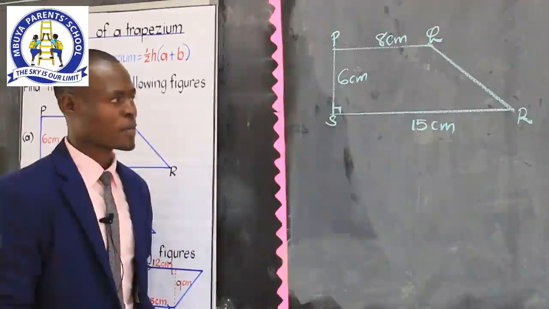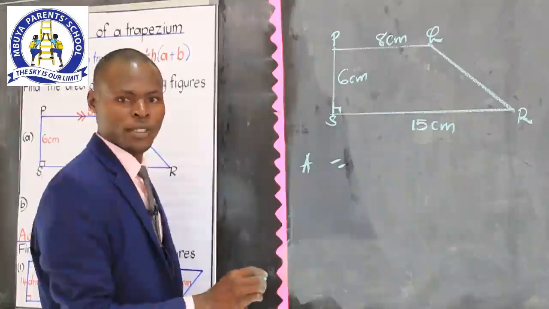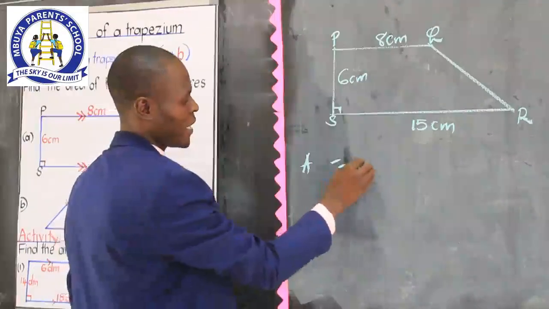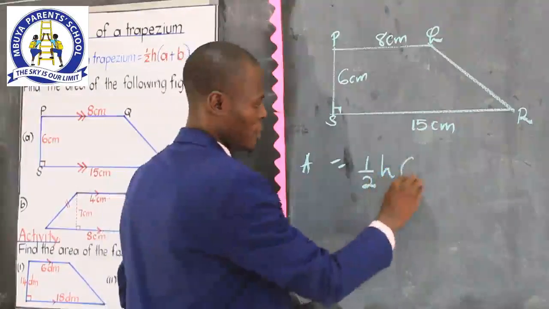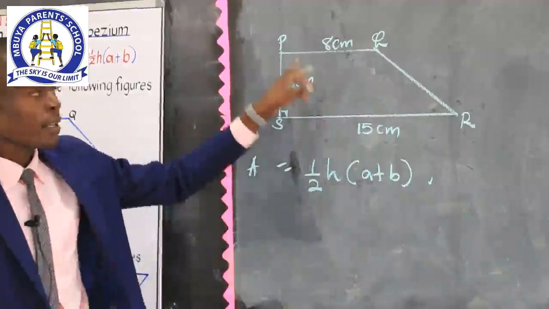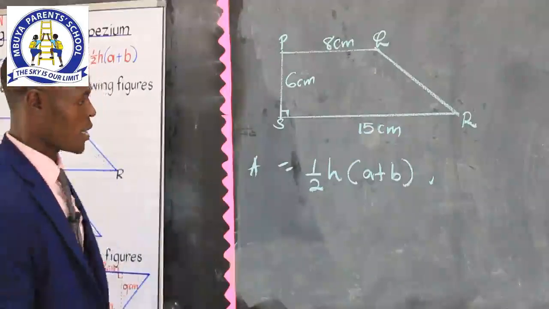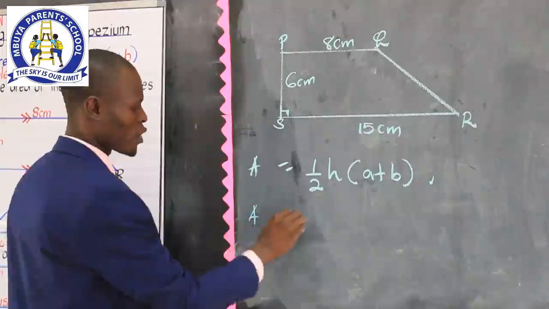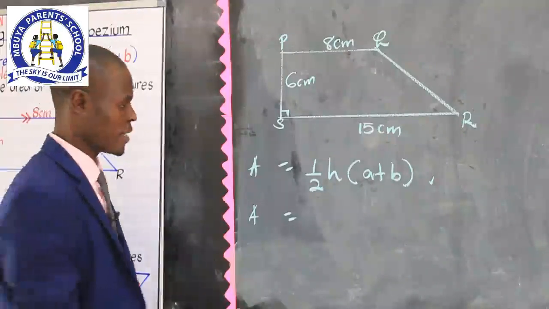Which figure is a trapezium? From the first principle, I want first to use the first formula. We have it clearly here. Area is equal to a half h into the sum of A and B. A is the shorter side, whereas B is our longer side. So shall we now go ahead and substitute in, having stated the formula.